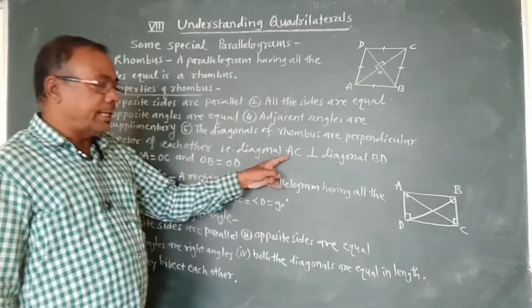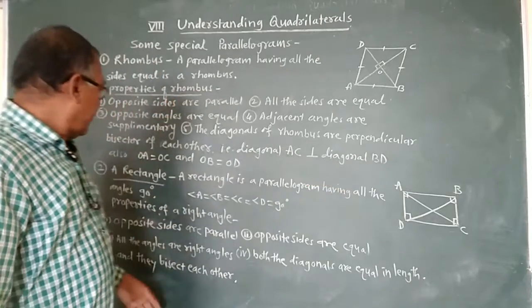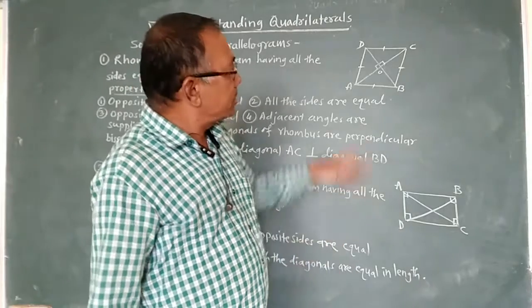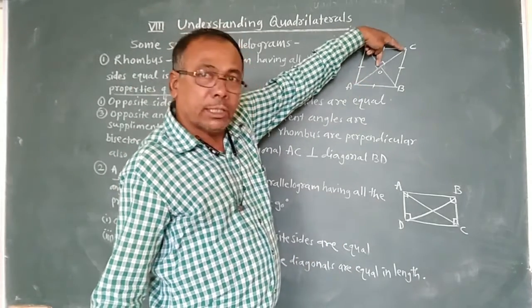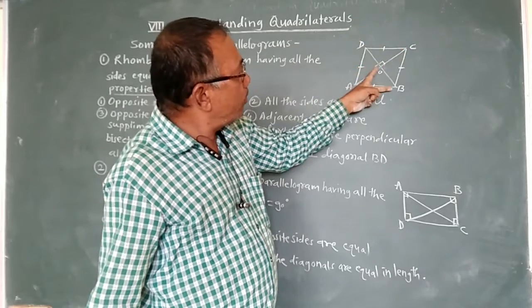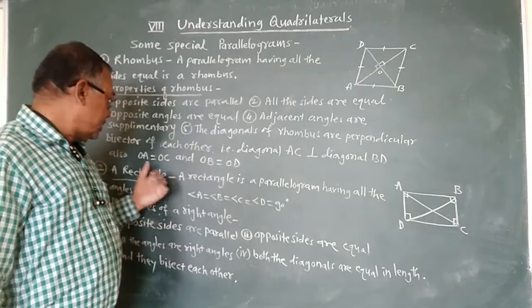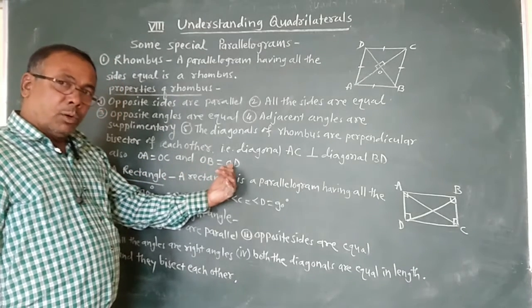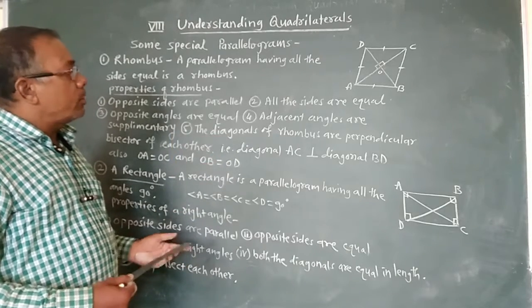That is, diagonal AC is perpendicular to diagonal BD. Also, since they bisect each other, the length of OA is equal to the length of OC. Similarly, the length of OB is equal to the length of OD. So this is a very important property of the rhombus.